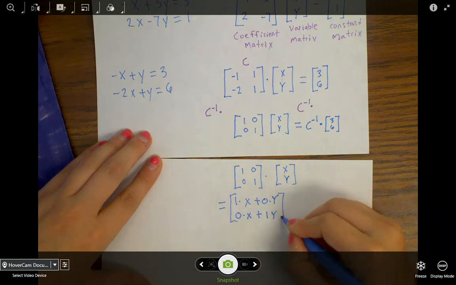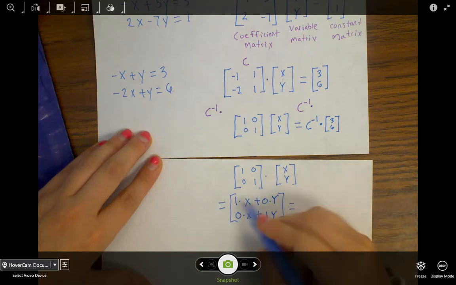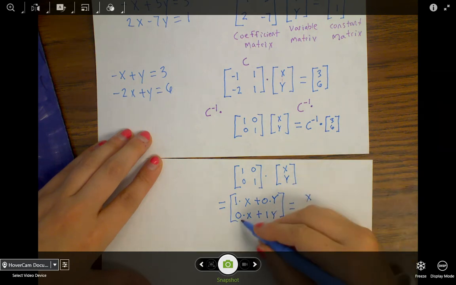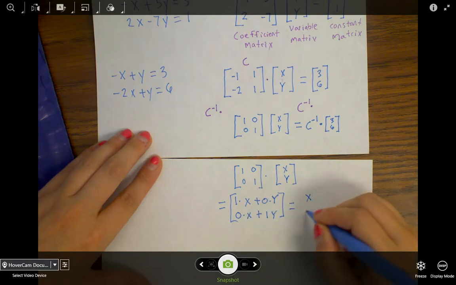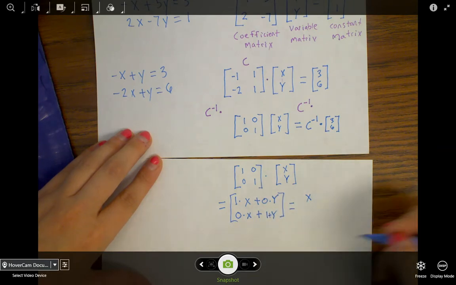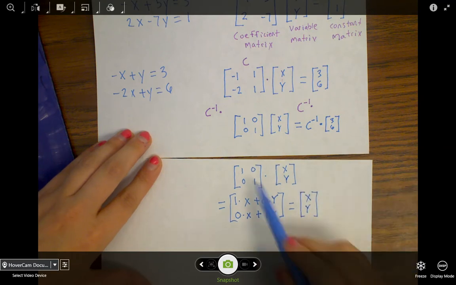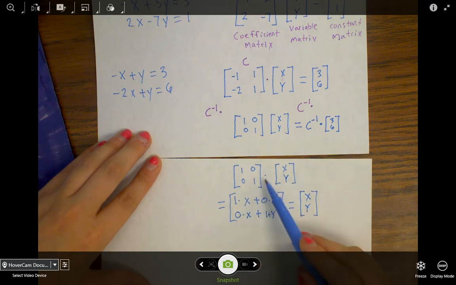So simplifying, 1 times x is just x, and 0 times y is just 0, so the y's go away. 0 times x is 0, plus 1 times y is just going to be y. So notice that my identity matrix does indeed go away when we multiply that out, which is what we want to happen.